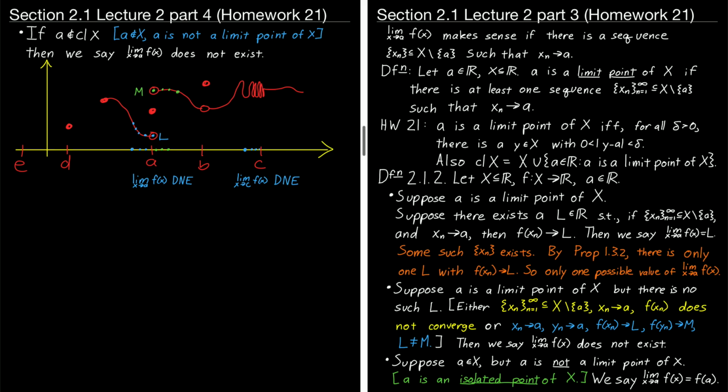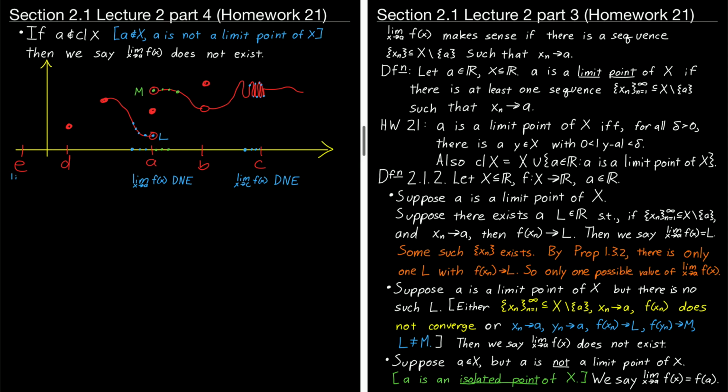It looks like something like the sine of 1 over x. You can grab these points, the top, the bottom, the top, the bottom. These points are converging to C, but f of these points is bouncing back and forth, so there's no limit.